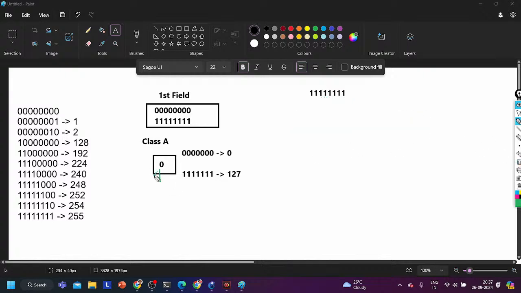So if the first bit is 0 in the first octet, then I will get this range. For class B, guys, in the same way, for class B we have reserved 2 bits. How have I reserved 2 bits for class B?